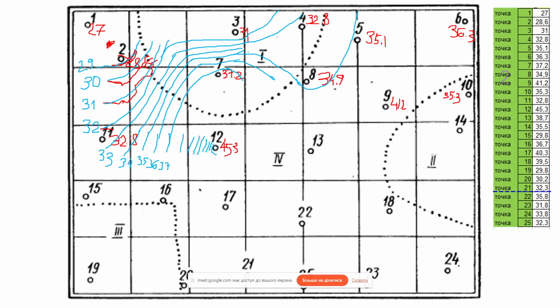And 32, 33, 34 in the middle between these. So finally, you can make the picture of relief of this area.